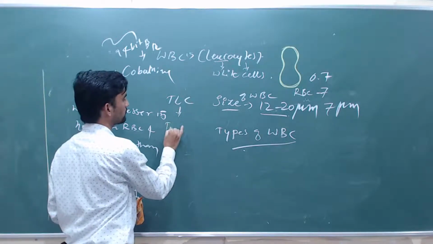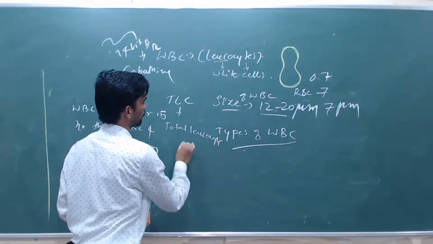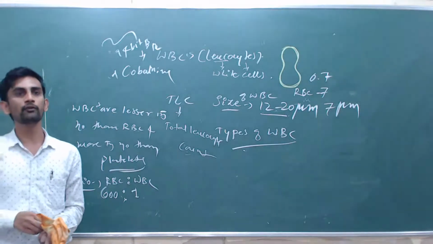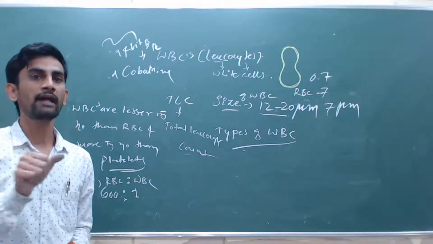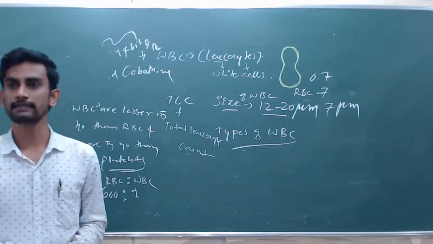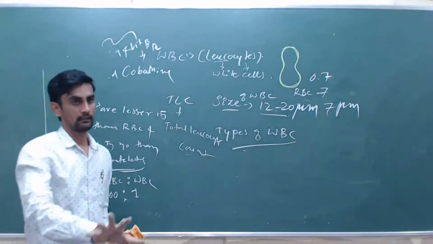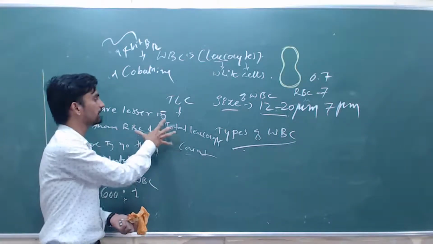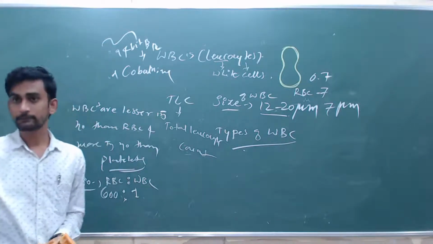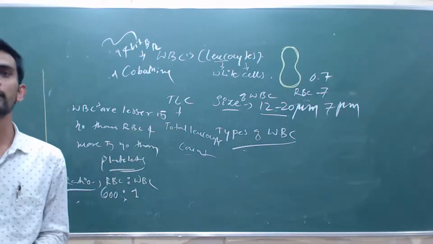TLC stands for total leukocyte count. In the sense, they will count how many WBC cells are there in 1 cubic mm of blood. They will count the total number of WBC in that machine by undergoing this TLC. If you are specific to a particular type of WBC, I'll go to the types of WBC now.